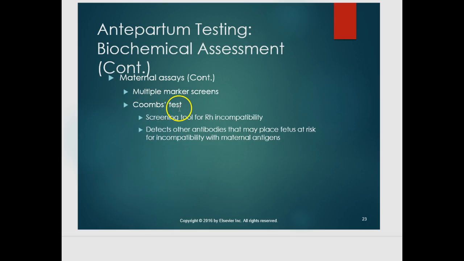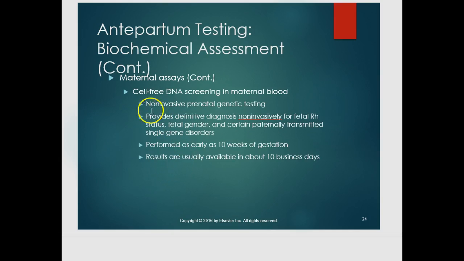Other things we can do is a Coombs test, and we've talked about this. So an indirect Coombs on mom during pregnancy to find out if she has antibodies against an Rh positive baby. Free cell DNA is the new trend, where we draw blood from the mom.